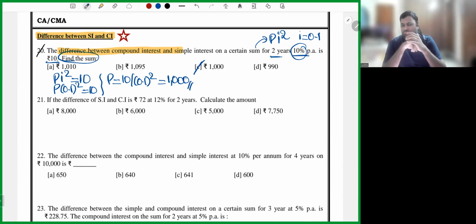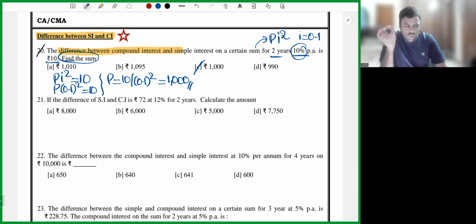Simple, sir? Yes, sir, simple. It's a very simple sum. The difference between compound interest and simple interest for 2 years is given as 10 rupees. So the principal will simply be 1000.